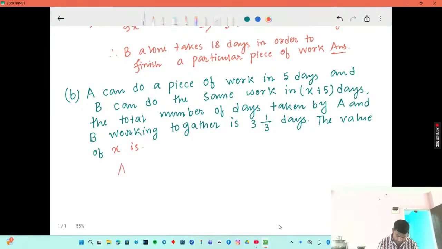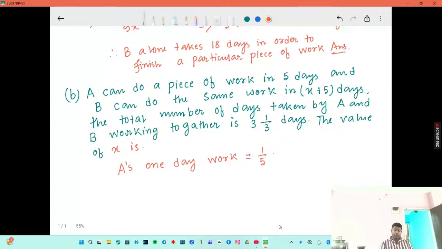So A's 1 day work equals 1 by 5. A can do 1 by 5 part of the total work.